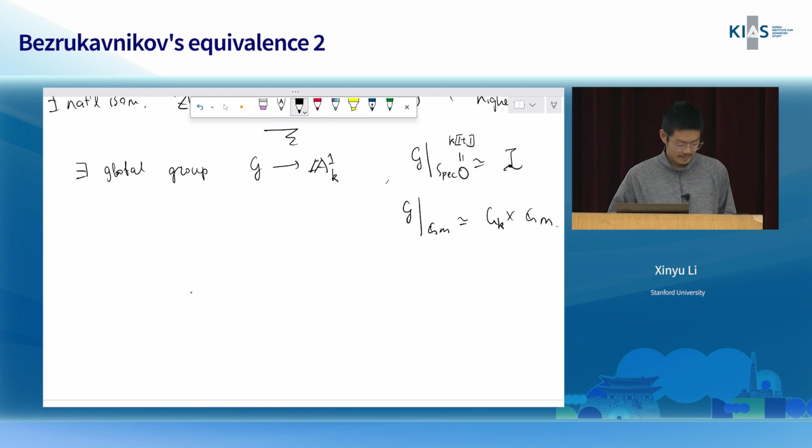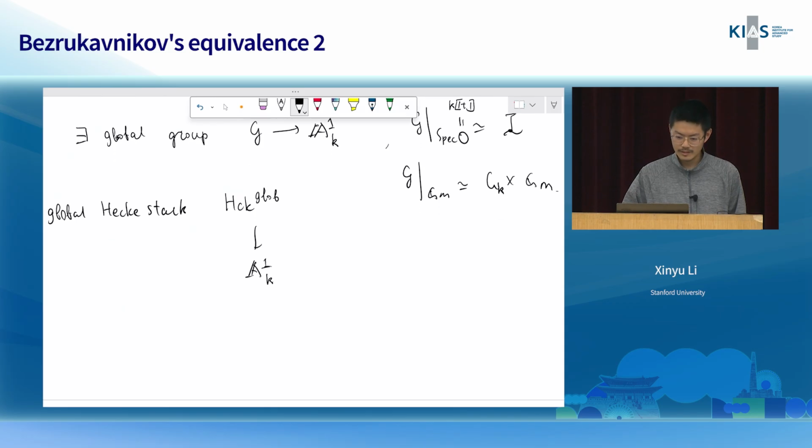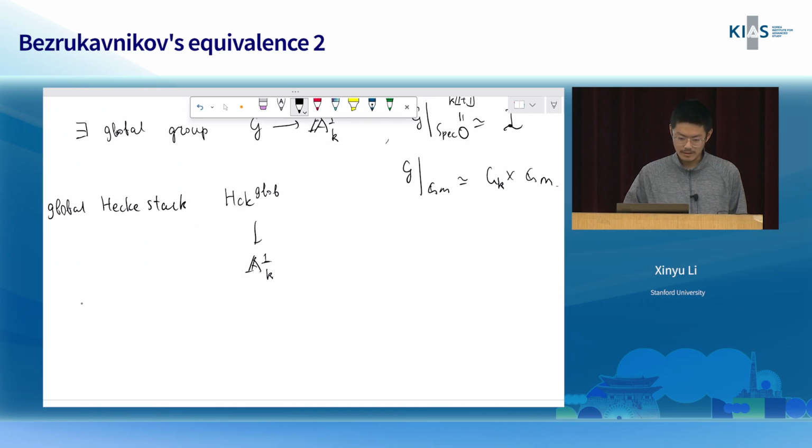Right, so then I can consider the global Hecke stack, which I denote by Hecke glob. It's also over A1 or K. It parameterizes the following moduli problem.